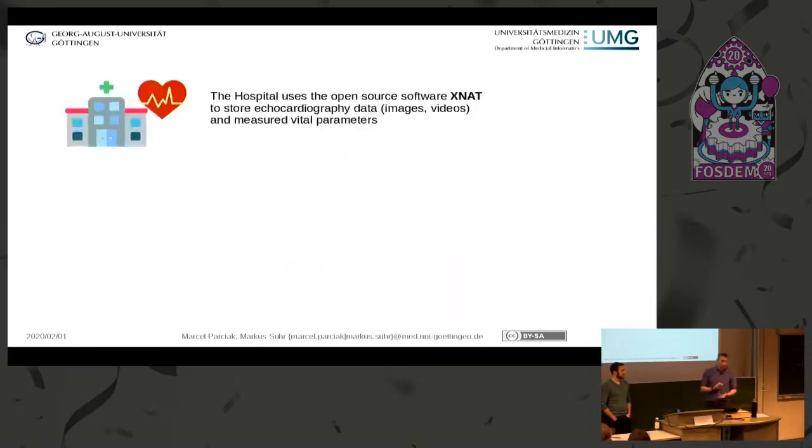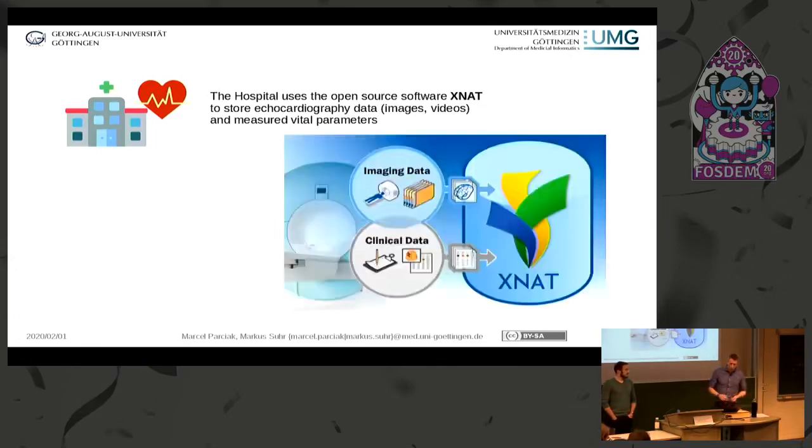This is a model hospital because they actually use an open source tool for primary care documentation. In this case, they use XNAT, which is an open source picture archiving and documentation system. It can store the images created and the structured data that is derived from those images, so the vital parameters that are actually interesting in further research on the data.